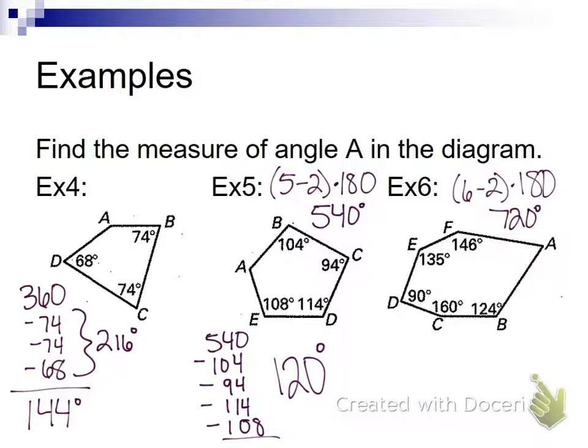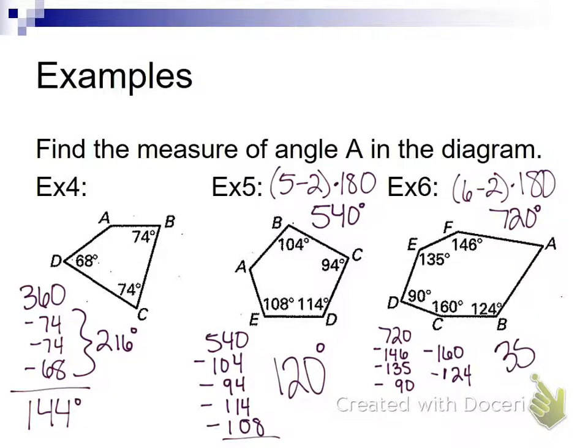So to find the one that we don't know, we're going to take 720 and subtract all those angles. Again, if you prefer to add them all up before you subtract them, that's fine. Anybody get an answer? 35. Anybody agree with 35 degrees?